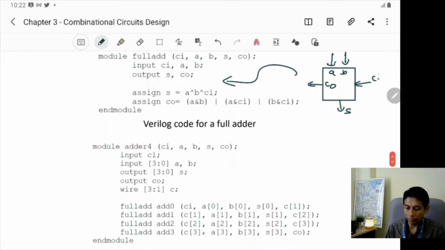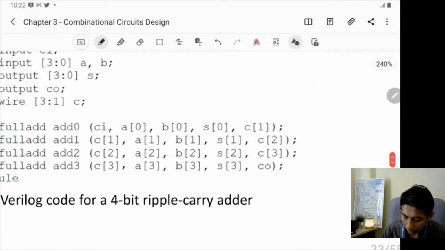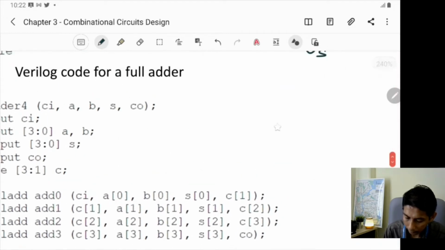Now we want to create a 4-bit circuit. So again, we use this one. I may draw the circuit here.